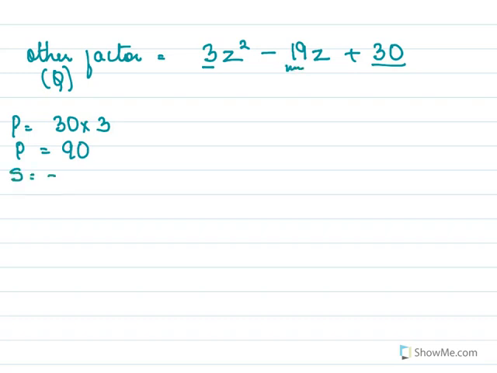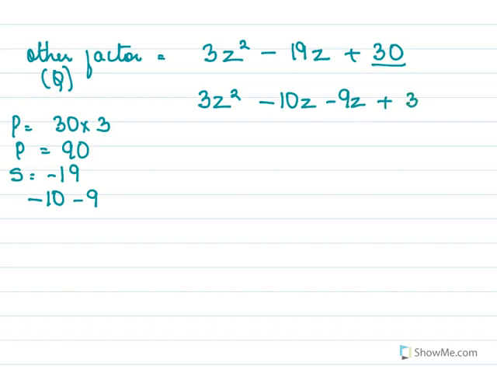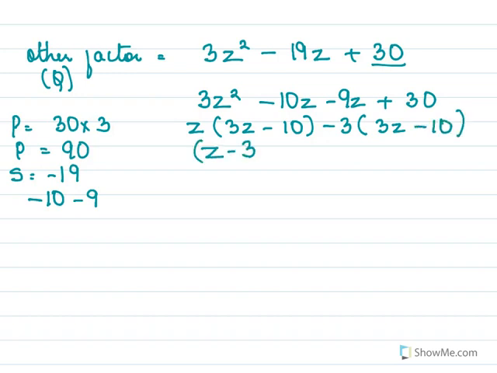Your sum should be minus 19, and the factors will be minus 10, minus 9. So here we'll have 3z square minus 10z minus 9z plus 30. You take z common out, it will be 3z minus 10, and here minus 3 common out, so z minus 3, and you will have 3z minus 10.